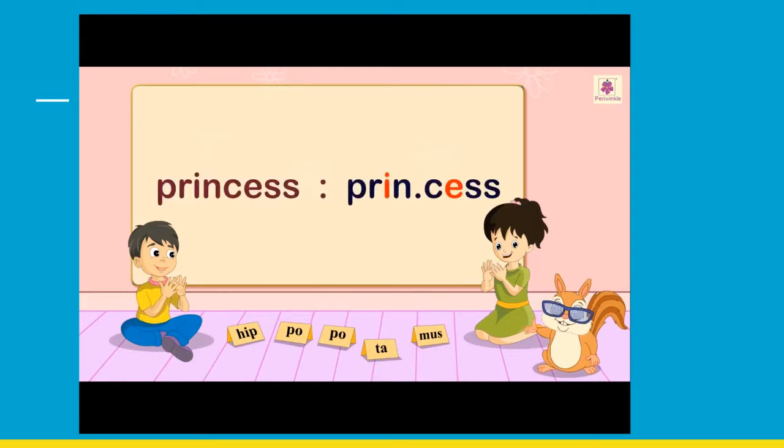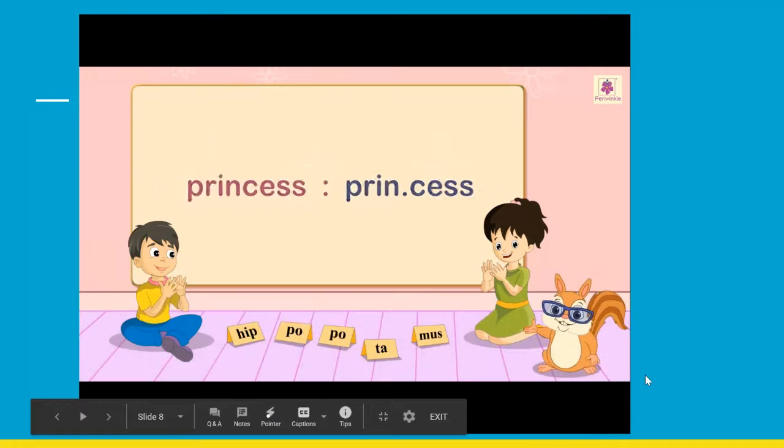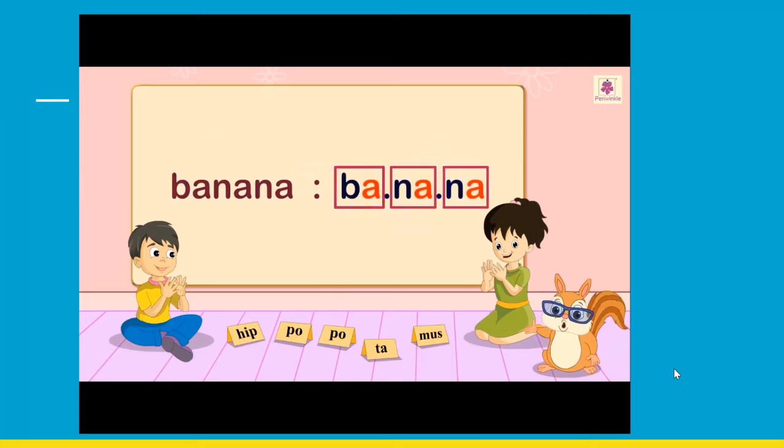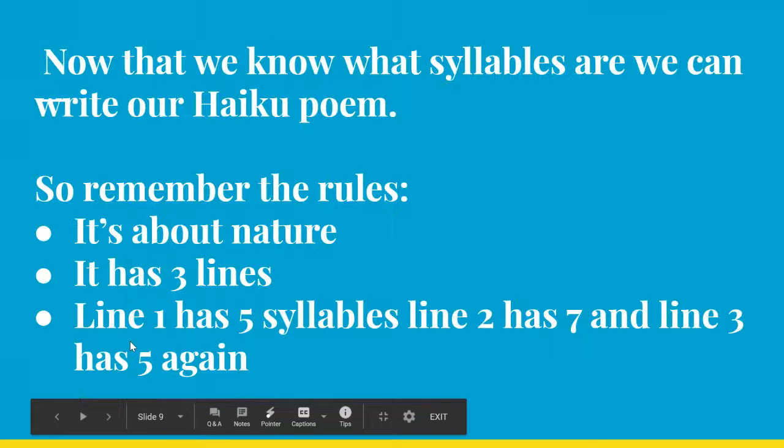The word princess has 2 beats. That is, prin and cess. And the word banana has 3 beats or syllables. That is, na. In a word, each part or a syllable has 1 vowel sound.